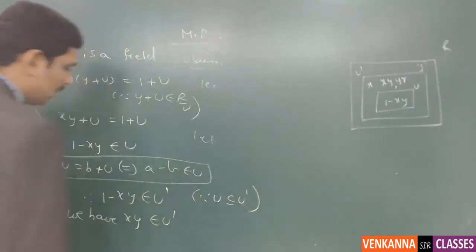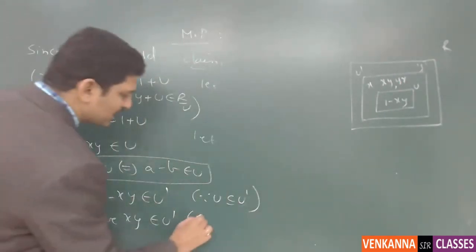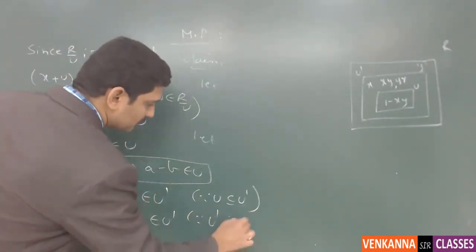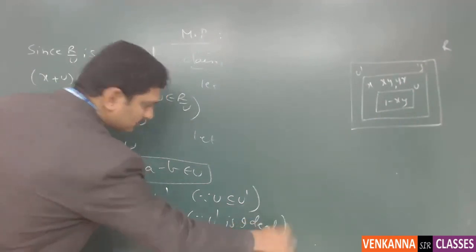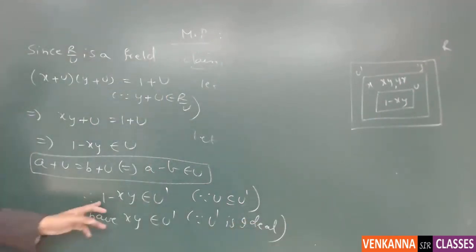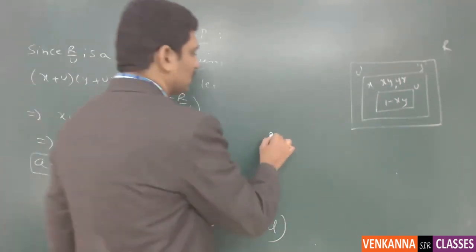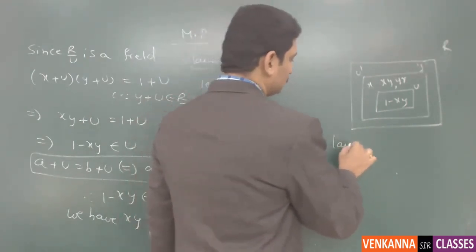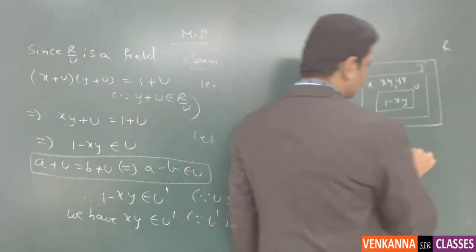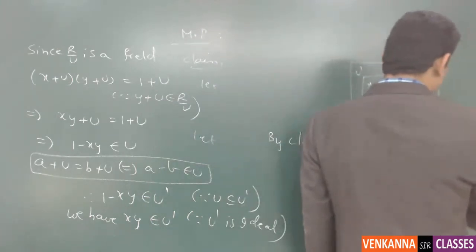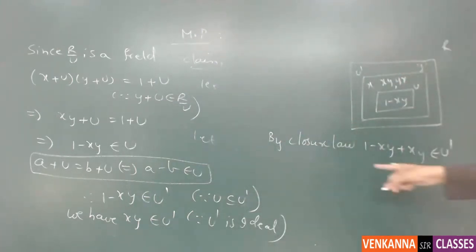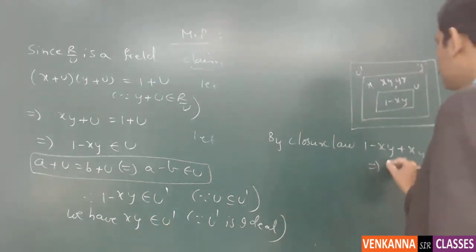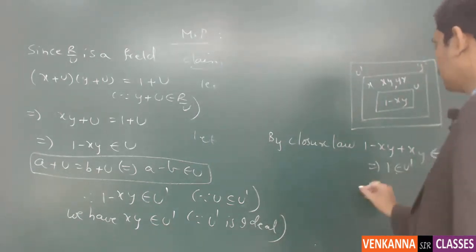So you got two elements in U'. Summing up these two, by closure law, 1 - xy + xy belongs to U', which implies 1 belongs to U'.